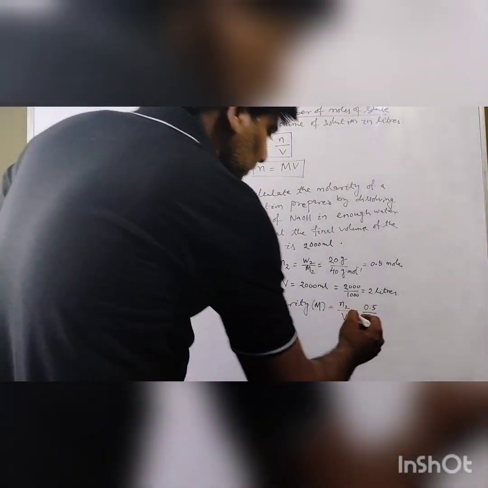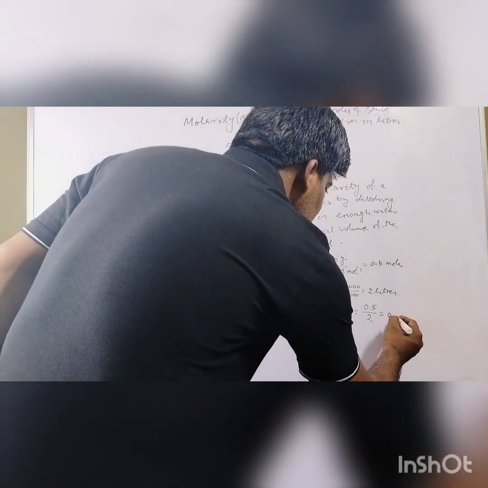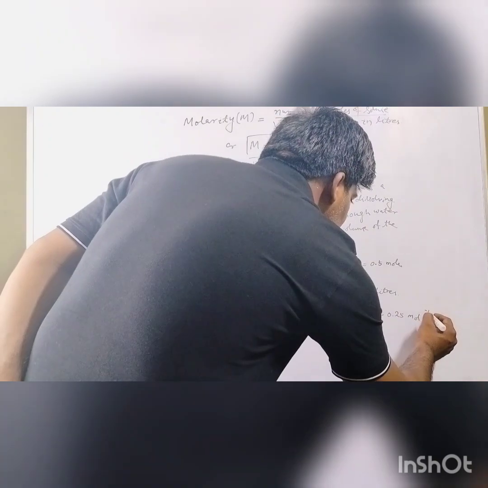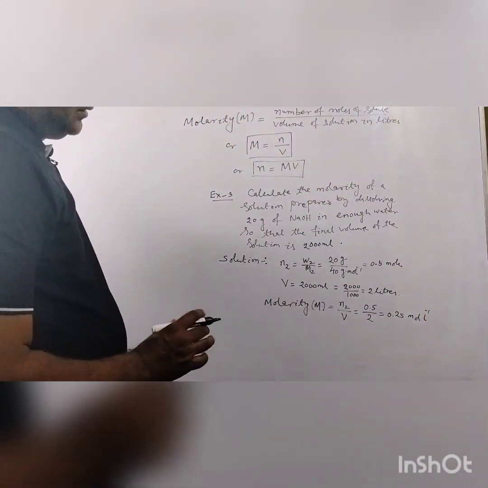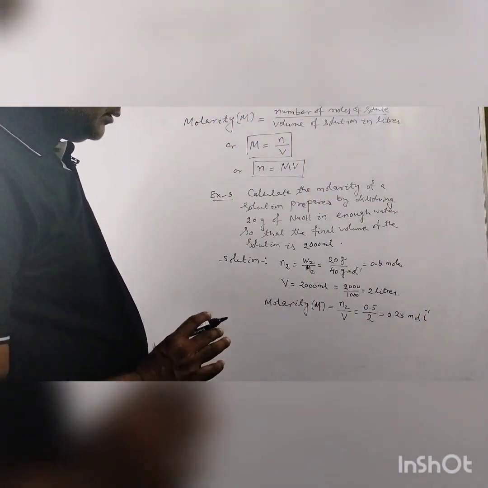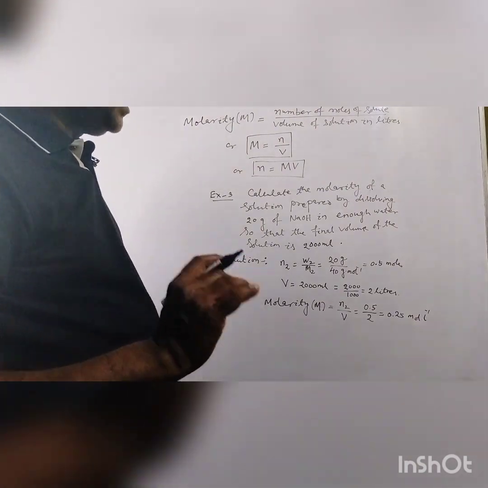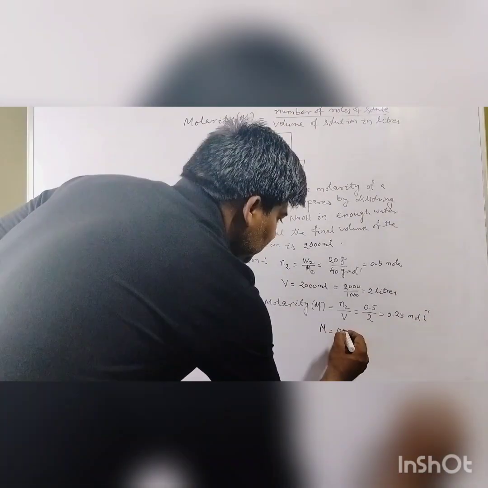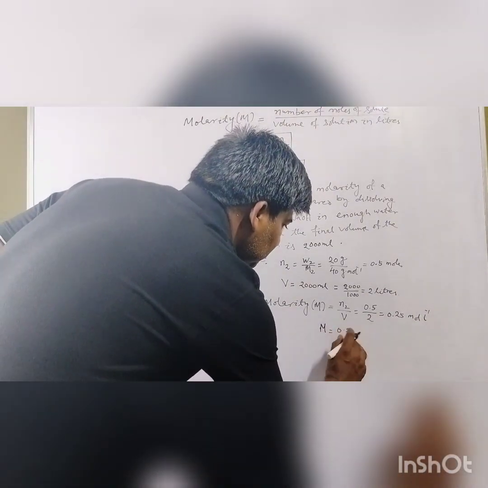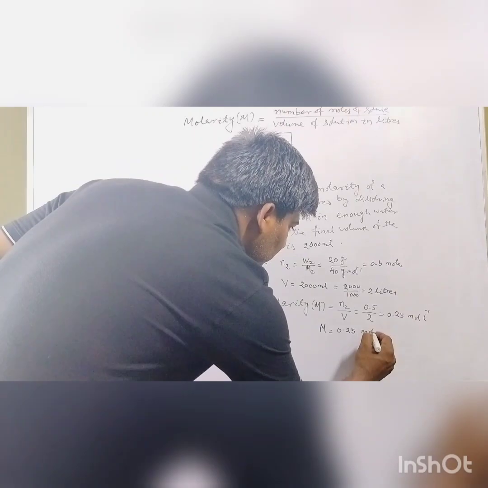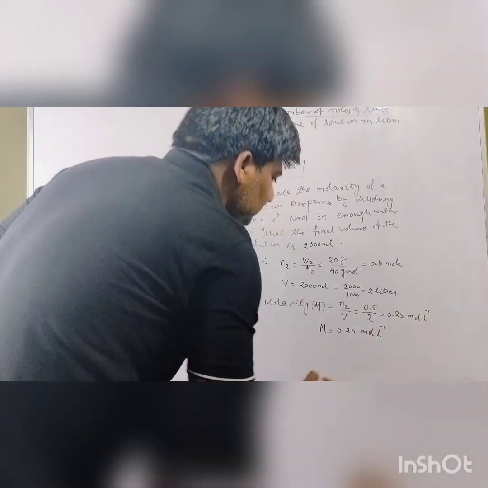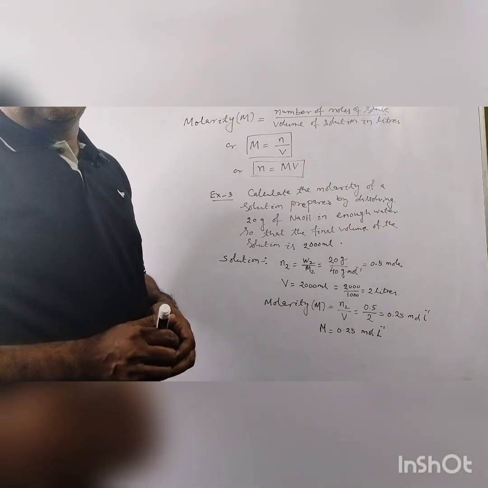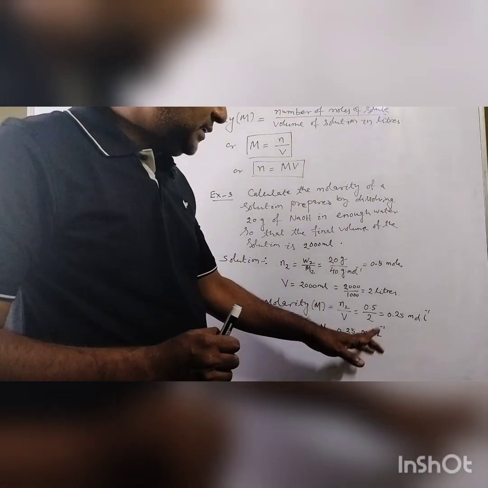Okay, that gives 0.25 mole per liter. Okay, so always don't forget to write the units. So finally we got molarity is equal to 0.25 mole per liter. This is the final answer. Okay, so the unit of molarity is mole per liter.